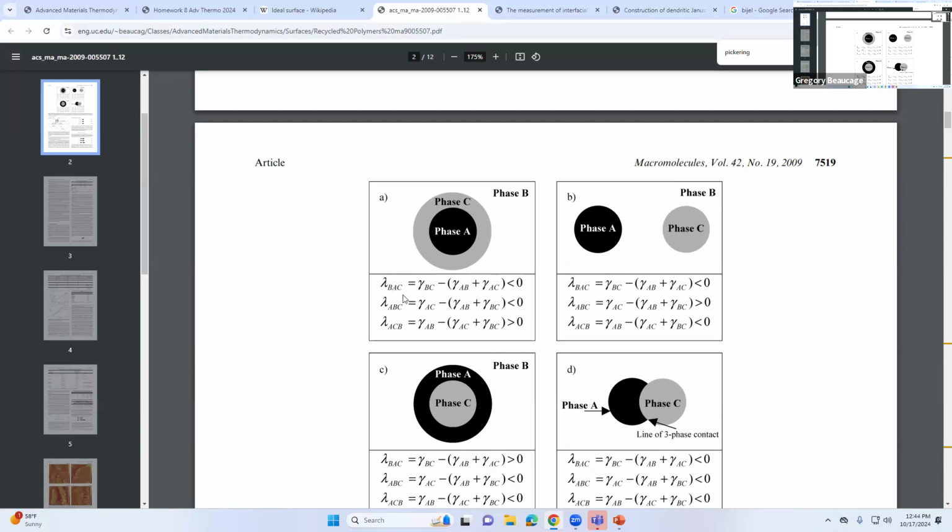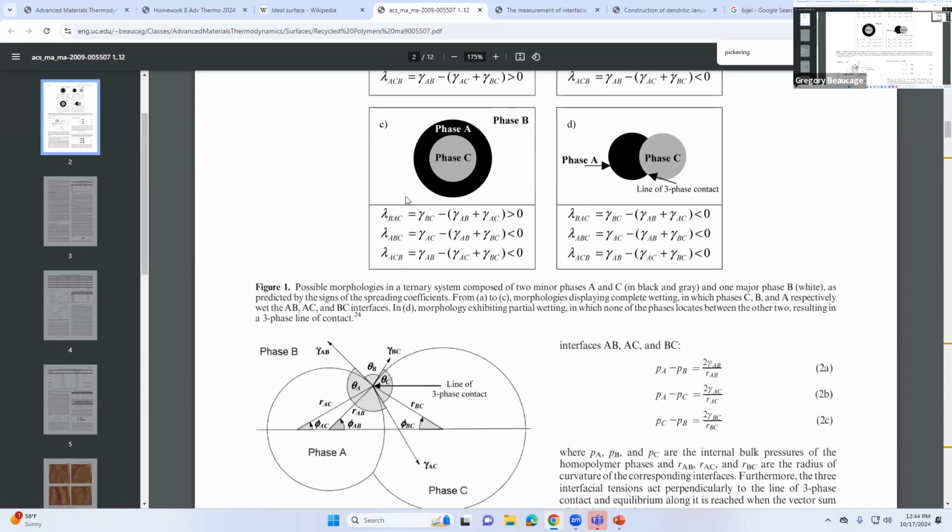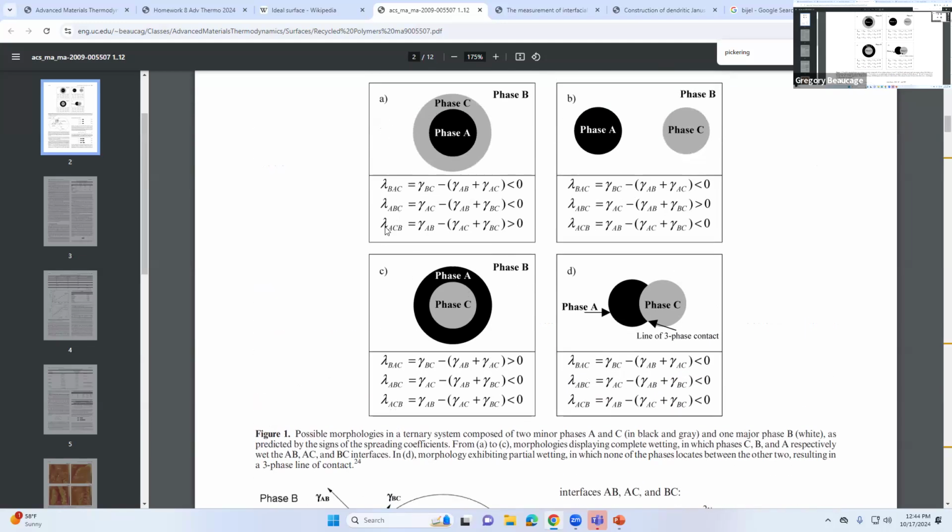So if you have BAC, you're going to get a setup where you have B and C. Oh, all right. So these things refer to ACB, like if you have a series of A with C separating to B. So this term would be the important term of this setup, right?